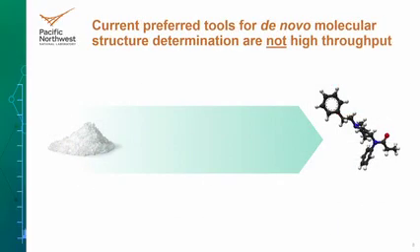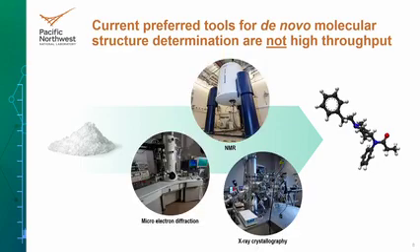If I were conducting a metabolomics analysis and I encountered an unknown peak and I wanted to identify it, I would not use the typical high throughput paradigms of LCMS or even proton NMR profiling. Ideally, what I would do is enrich the substance and use more conventional, more traditional approaches to structurally identify it, whether it would be conventional structural elucidation using NMR or X-ray crystallography or microelectron diffraction.